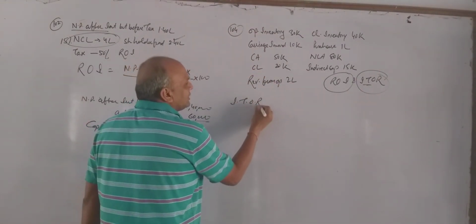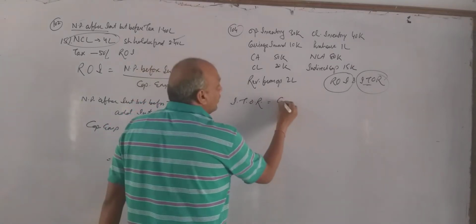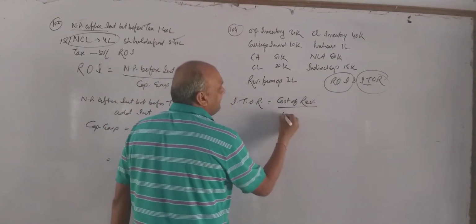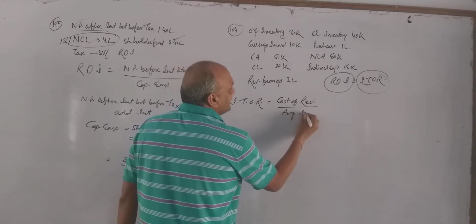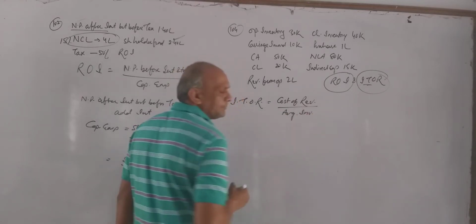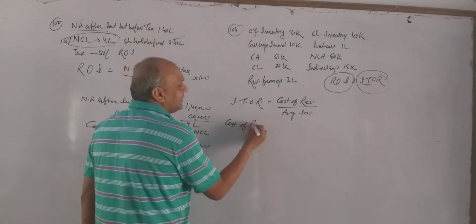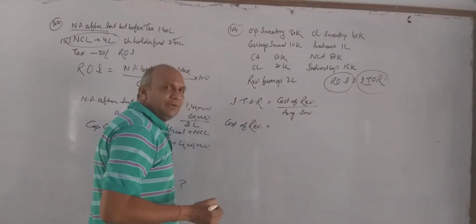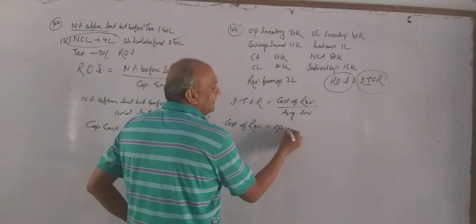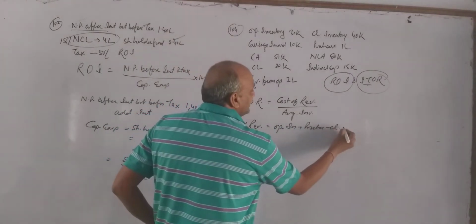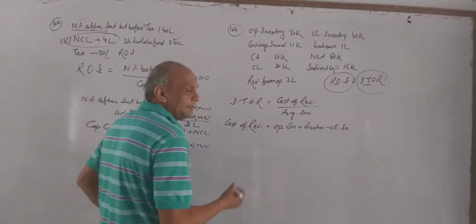Inventory turnover ratio is equal to cost of revenue divided by average inventory. Cost of revenue, what is the formula? The longer formula we have to use: opening inventory plus purchases minus closing inventory.